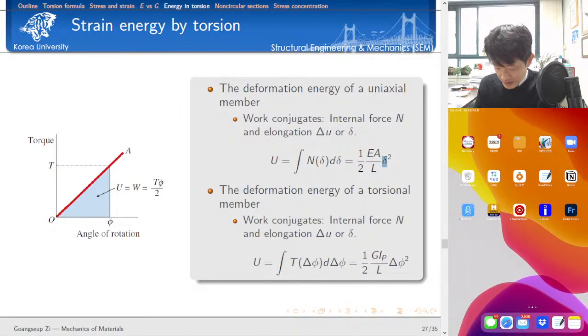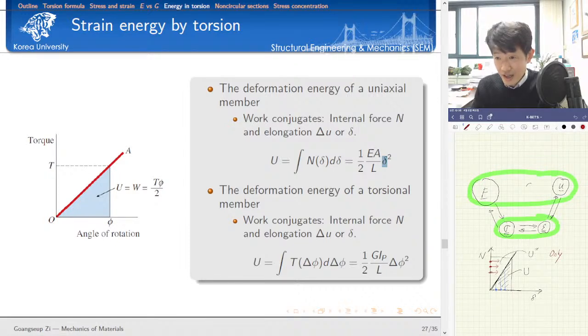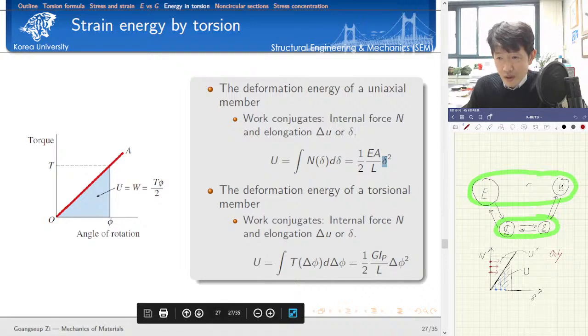Let's go back to this. Okay, is it better now? So you can see this. Let me repeat what I explained just before. In our discussion, I emphasized several times that we have the so-called energy pair, right? This is our flow of analysis: external force, and then we have the stress state, the strain, and the displacement.